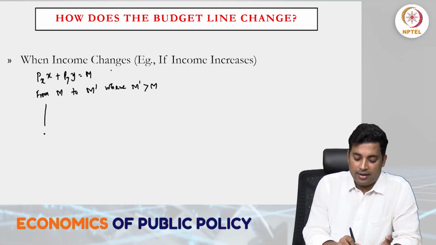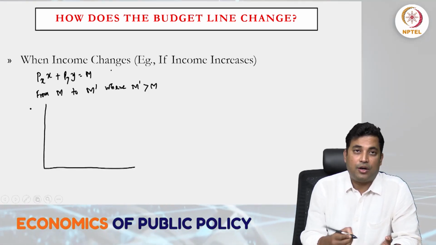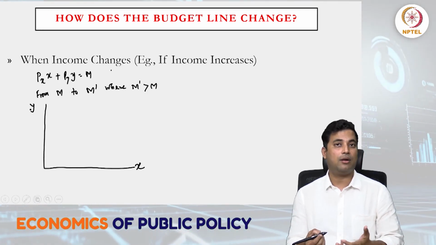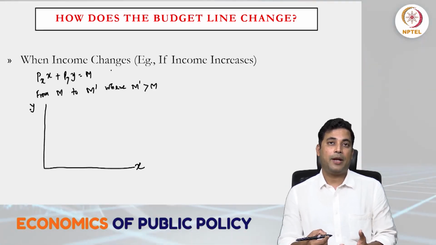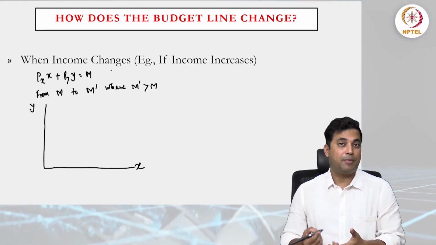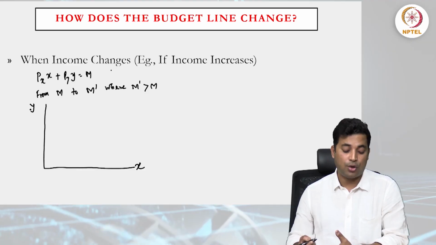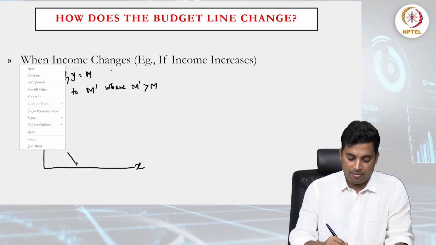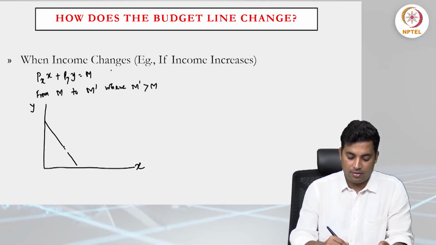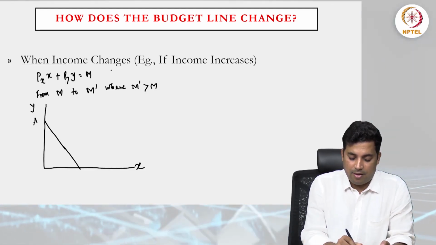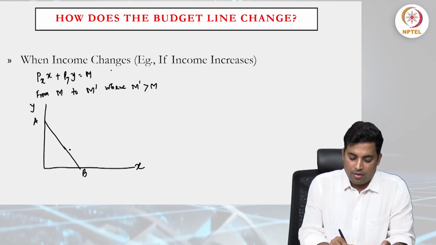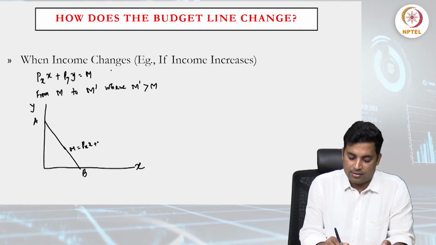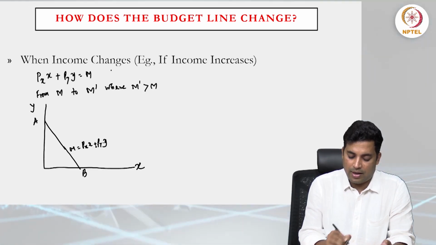So earlier budget line, say here on the horizontal axis x and y. So again we are presenting the following two commodities, and then here say budget line AB, where m equals to px x plus py y.